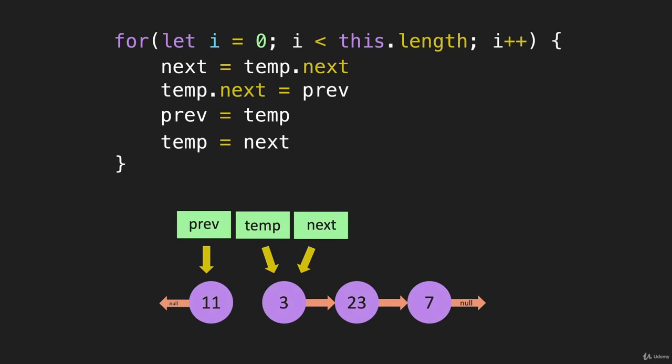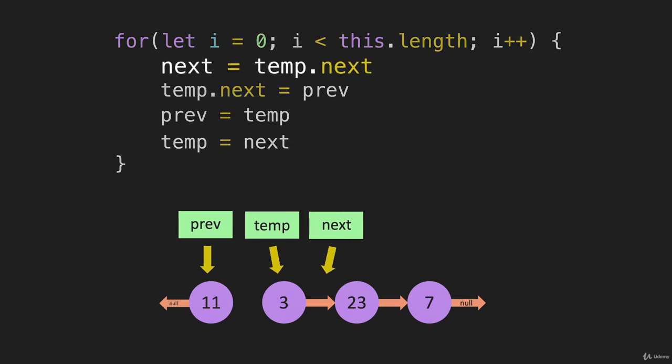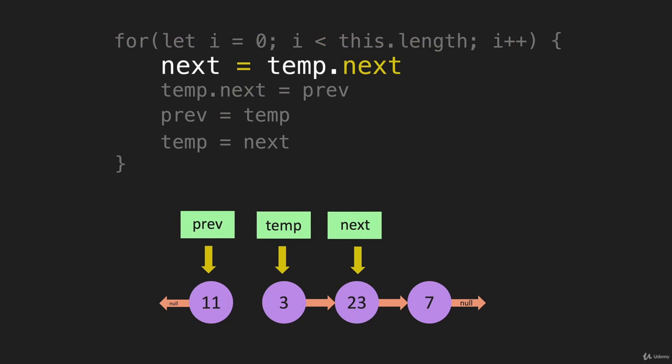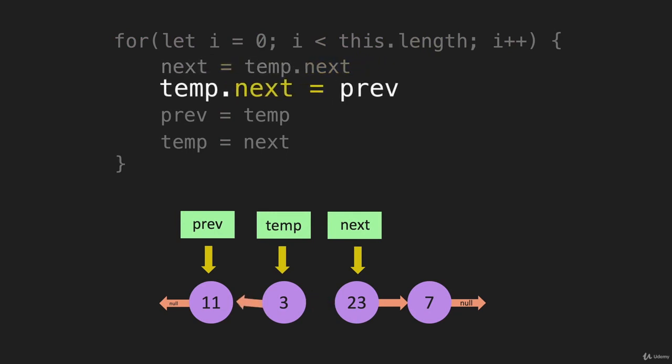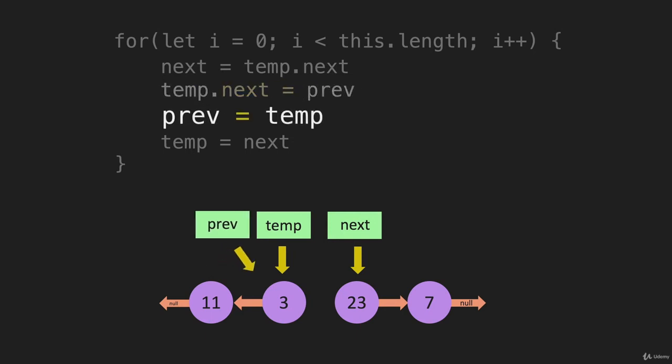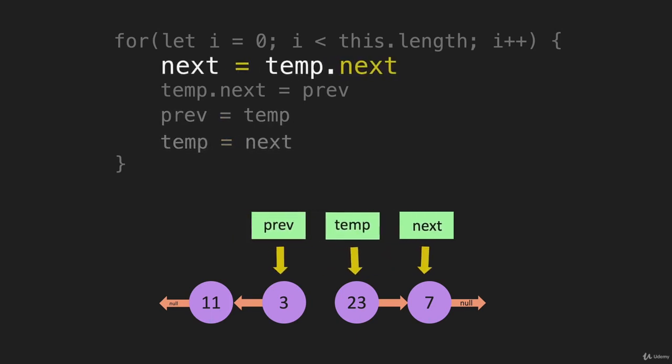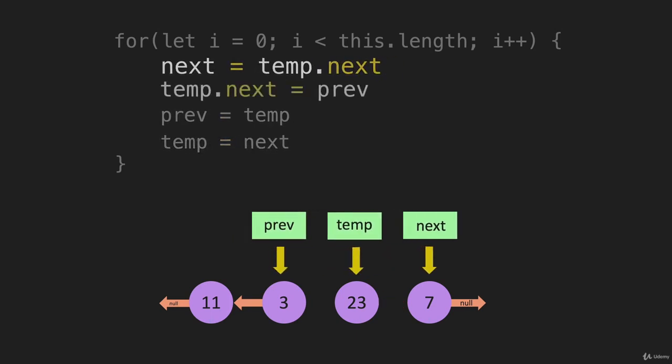So let's just walk through this. We're going to say next equals temp.next. And we have to do that first because the next thing we're going to do is we're going to flip that arrow over on that node, and next is going to allow us to be able to cross that gap the next time we loop through this. Previous equals temp. And let's just keep running through this.